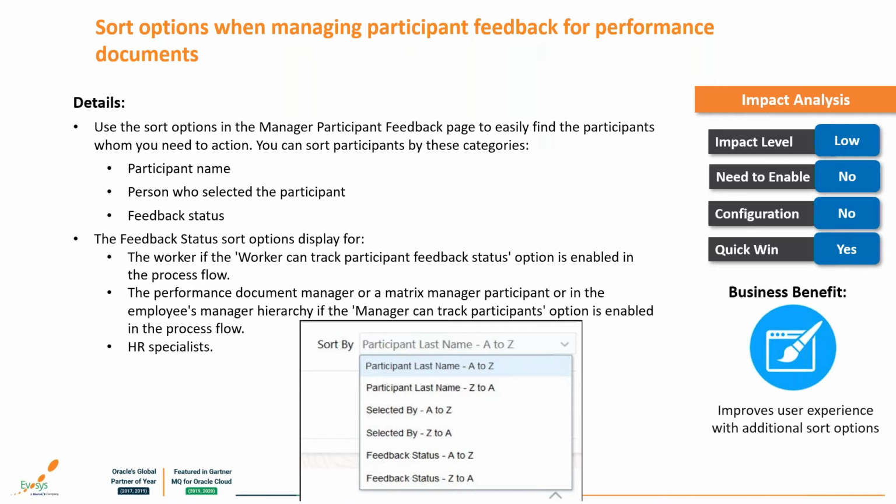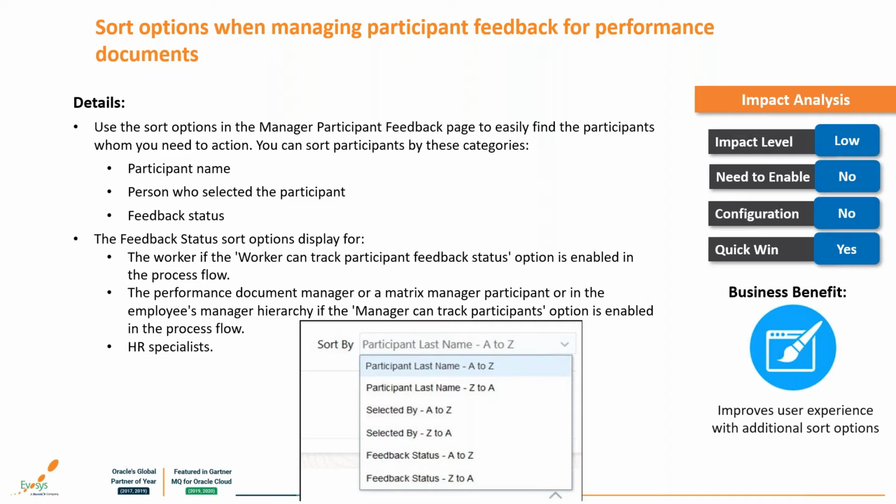The feedback status sort option will be displayed to the worker when worker can track participant feedback status is enabled in the process flow, and for the managers when the manager can track participant option is enabled, and of course for the HR specialist. The business benefit of this feature is that it improves the user experience with additional sort options.